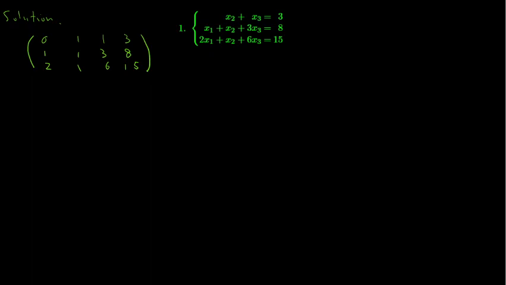This matrix is called the augmented matrix of the given system of linear equations. I want to put up a bar to separate the coefficients and the constant terms. The last column is determined by the constant terms, right? That's the augmented matrix.